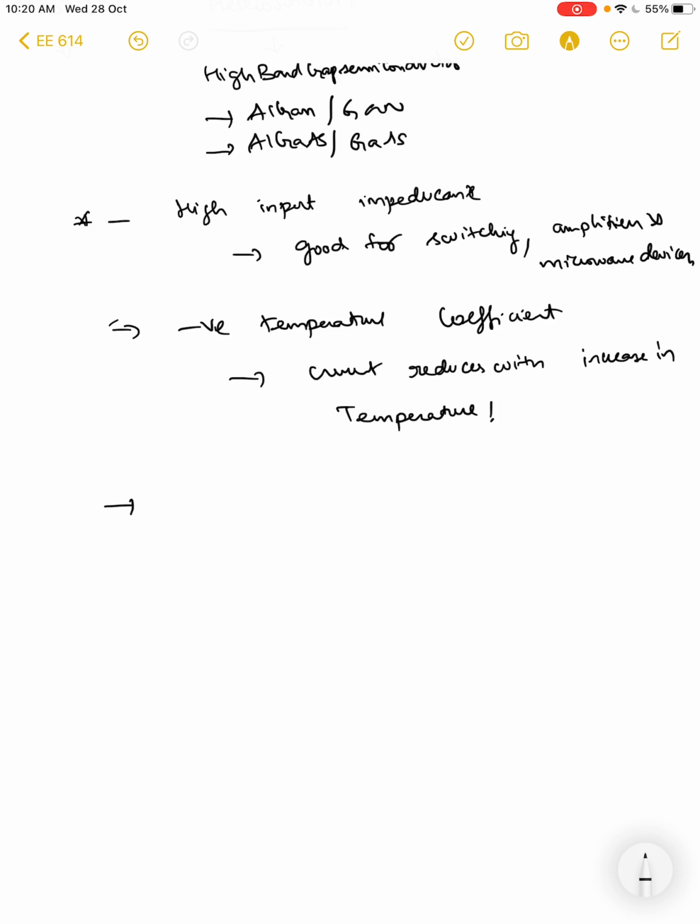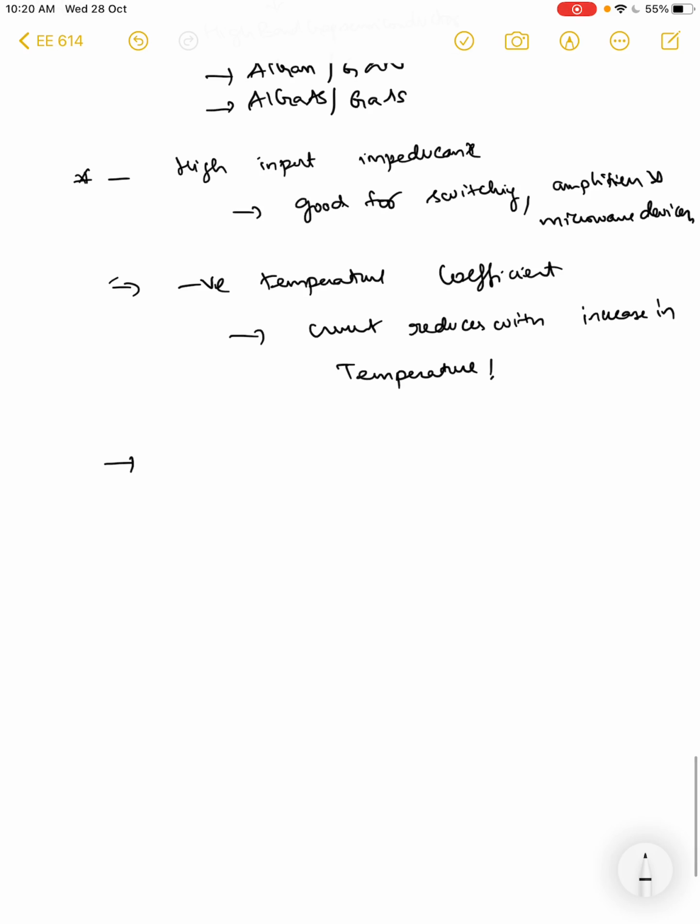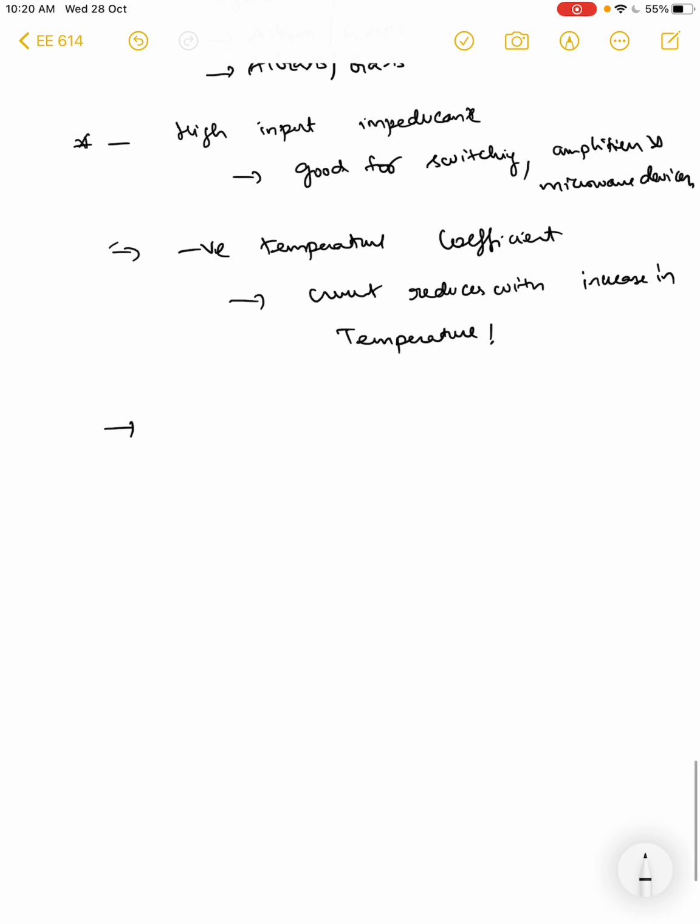The third point is you do not have a bulk majority carrier injection as in a BJT, right? So you do not have delay due to minority carrier storage. You still have inversion of the channel, right? But then it is localized to the surface and it can very quickly dissipate.